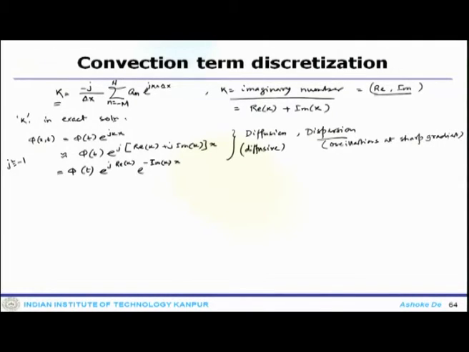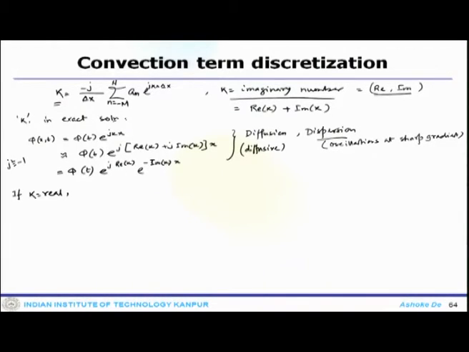So, in either of these cases there are certain issues. Now, if k is real, then this portion of the term goes away.